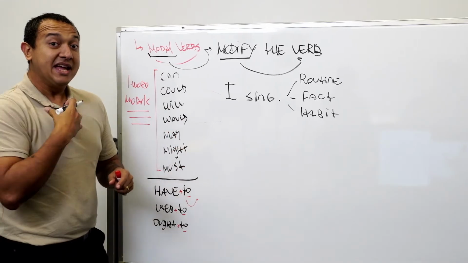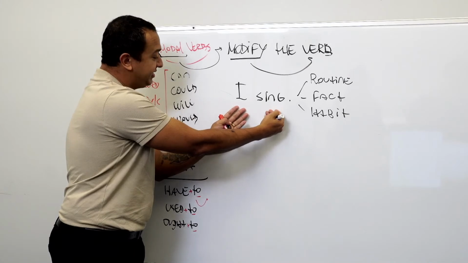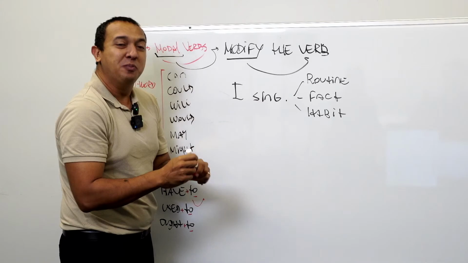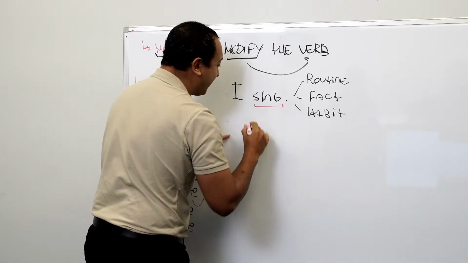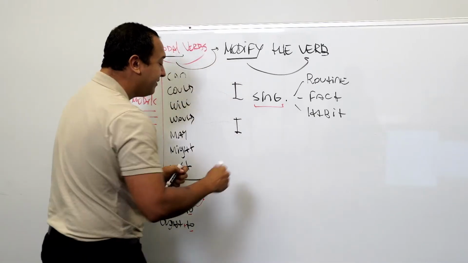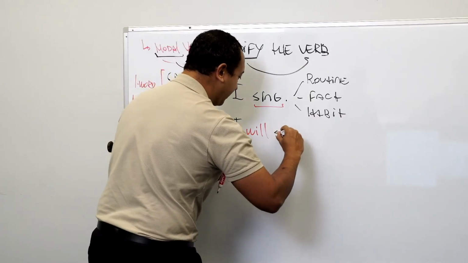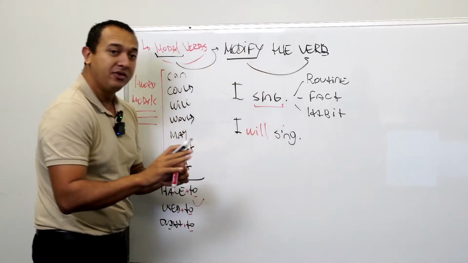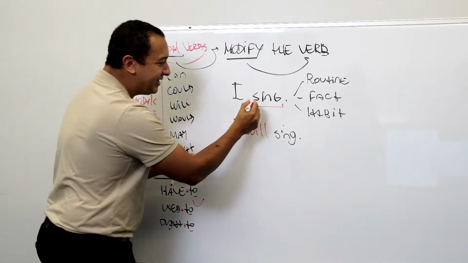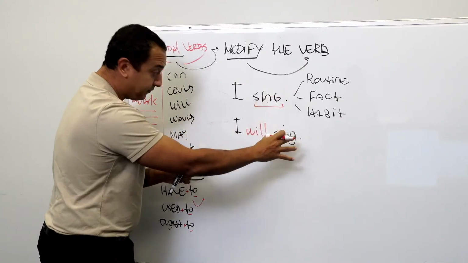But if I add a modal verb to this sentence, now this verb here, guys, will be modified. Can you believe that? Just by adding a word. Look at this. If I say, I will sing. Now, this verb here, although I didn't change the letters, look, it's the same word, right?